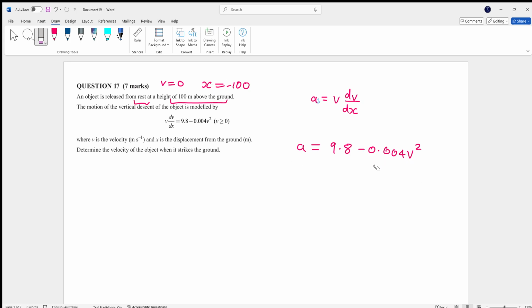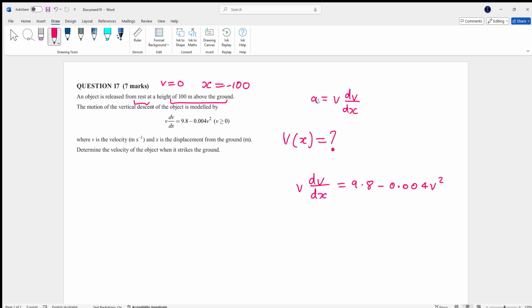We'll also show why, if you don't think of this straight away, how you can think of it a bit later as well. Okay, first and foremost, this is a differential equation. So we have v dv/dx equals 9.8 minus 0.004 v squared. Our goal is to separate the variables and work out velocity as a function of position.